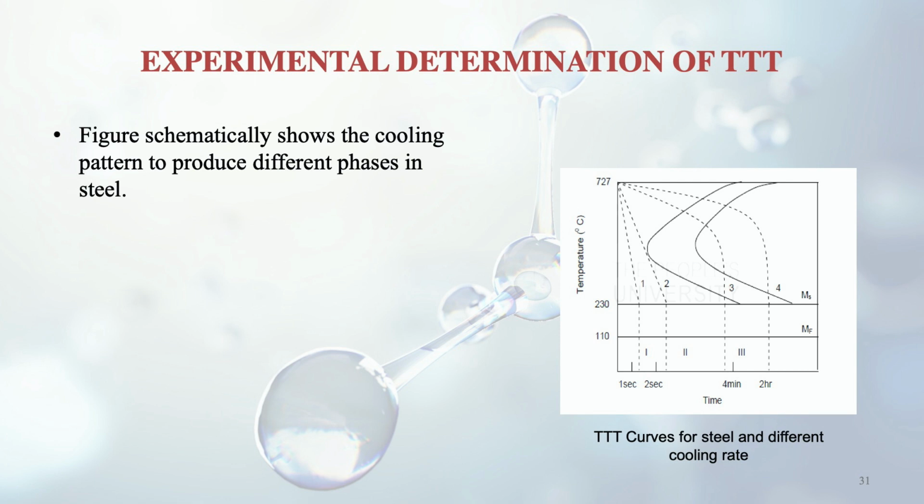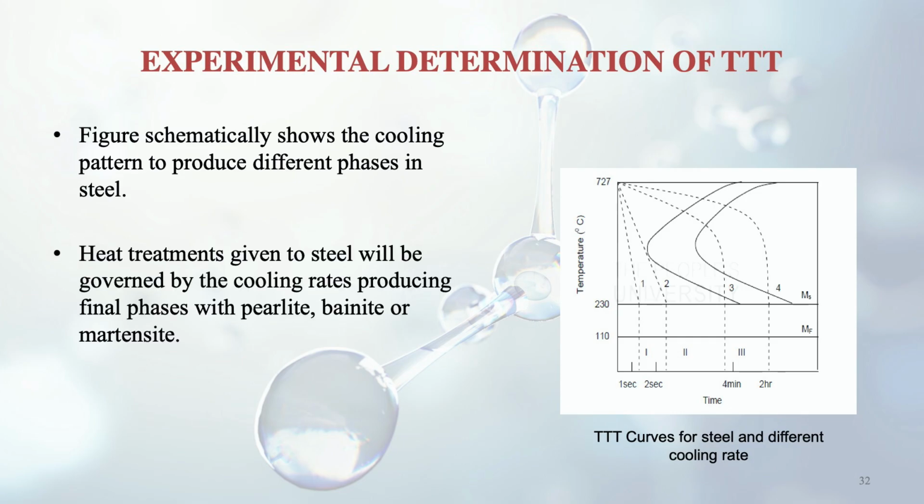The first dotted line is much beyond the nose of the curve, then the second one is just tangent to the curve, then the third one is crossing the curve towards the right side of the nose, and then the fourth one is much beyond the nose towards the right side of the curve. So heat treatments given to steel will be governed by the cooling rates producing final phases with pearlite, bainite or martensite.